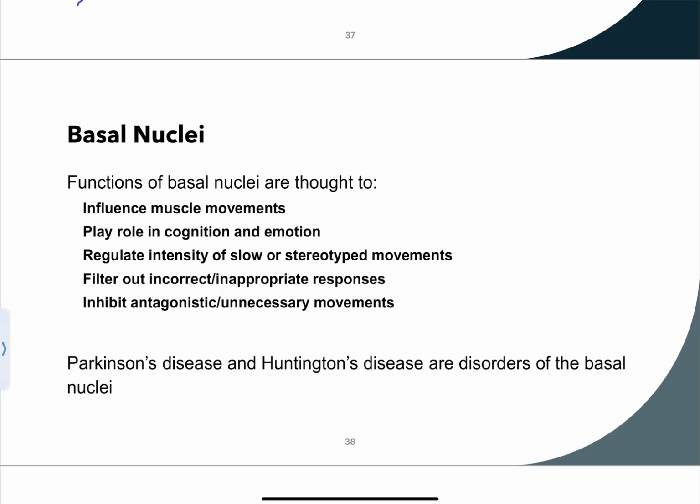A really good way to understand movement-wise what the basal nuclei function is, if you know somebody with Huntington's disease or Parkinson's disease, what their motions look like, that is because their basal nuclei are not functioning correctly. So they don't have the smooth fluidity of movements that we typically see because of damage to this area.